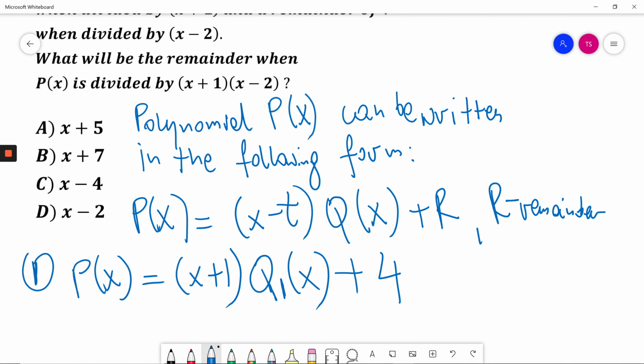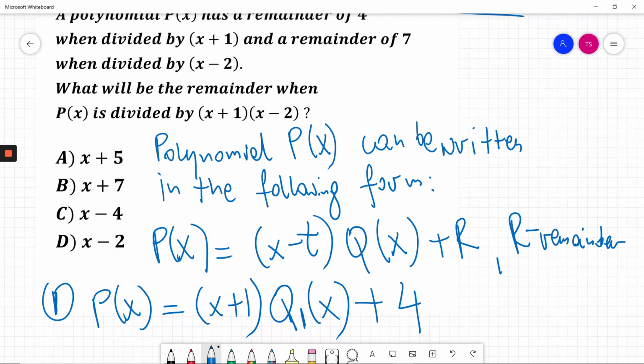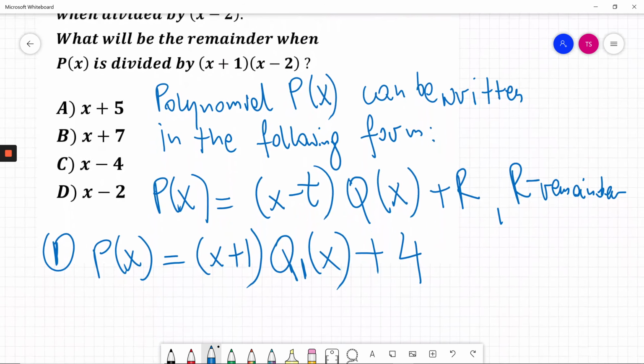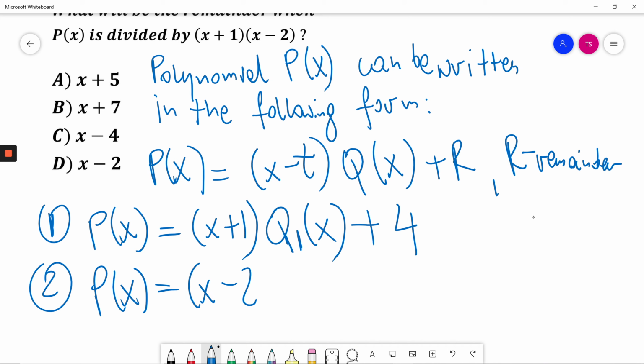Second thing, I know the remainder is 7 when divided by x minus 2. So the second thing which I know, p of x is equal x minus 2 times another polynomial q2 of x plus remainder of 7.